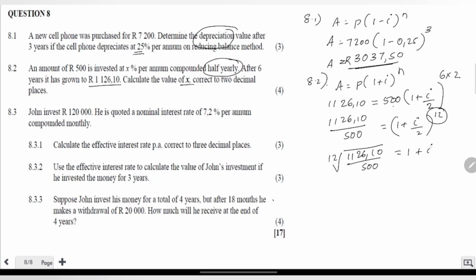The bracket around 1 plus i over 2 is gone when you send the 12 to the other side. Now the 1 is going to be subtracted: the 12th root of 1,126.10 over 500 minus 1 is equal to i over 2. You can use the calculator at the end, guys, otherwise the rounding off problem will come.